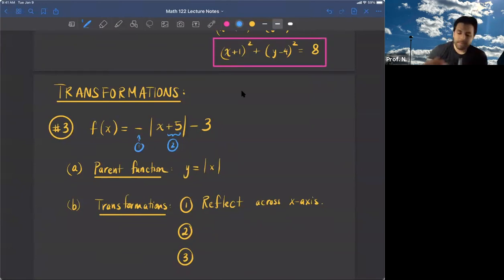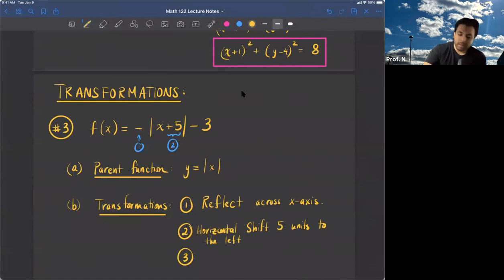I move to the left by 5 units. Very good. So then I move, or I should say horizontally shift, 5 units to the left.